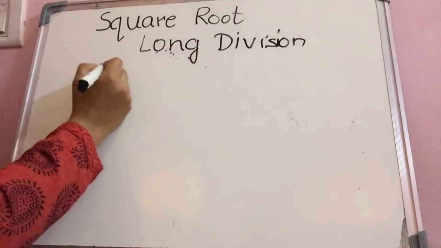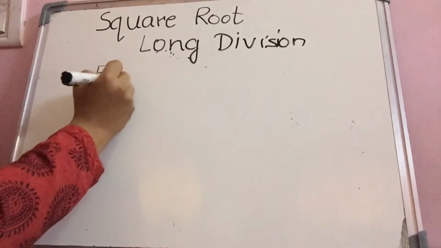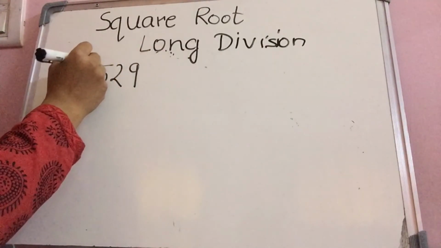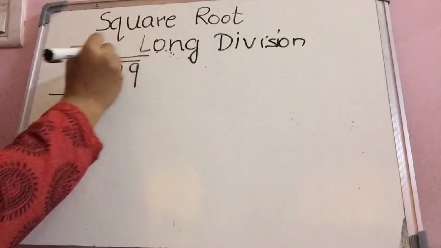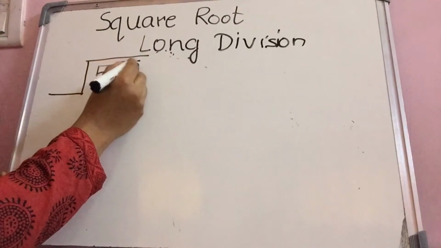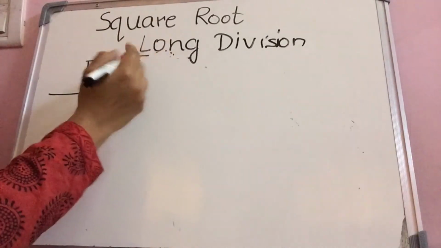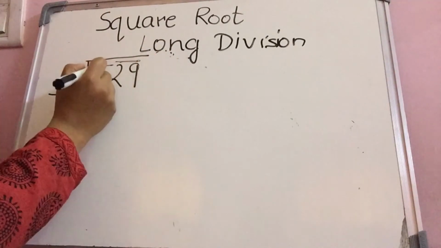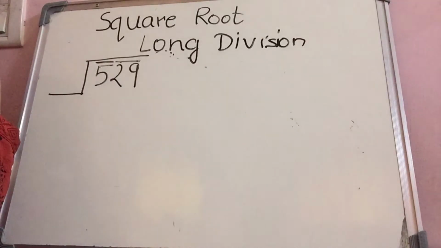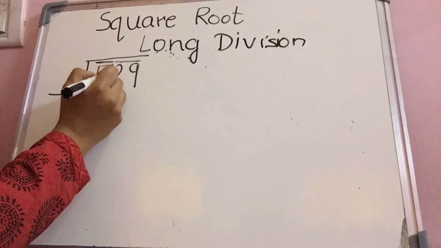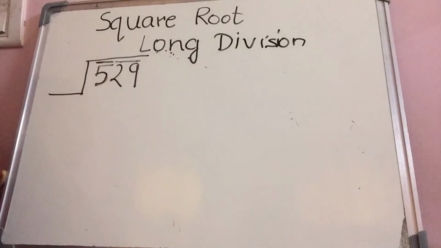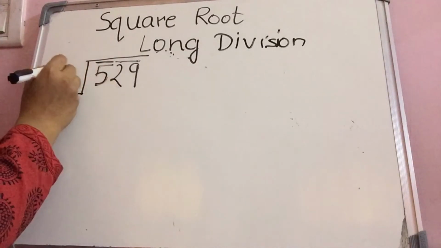Now if we have to find the square root of 529 by long division method, we'll take pairs from the right hand side, 2, and in the end we are left with 1, we'll take 1. Okay. Now we'll find a number nearest to this number which is a perfect square, that is 4, and the square root of 4 is 2.